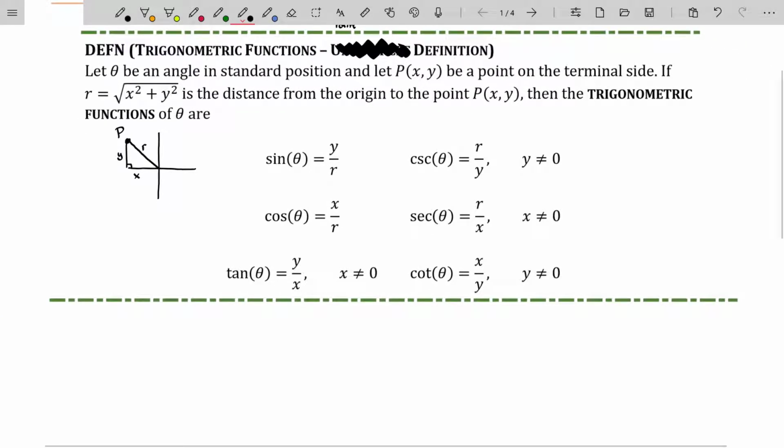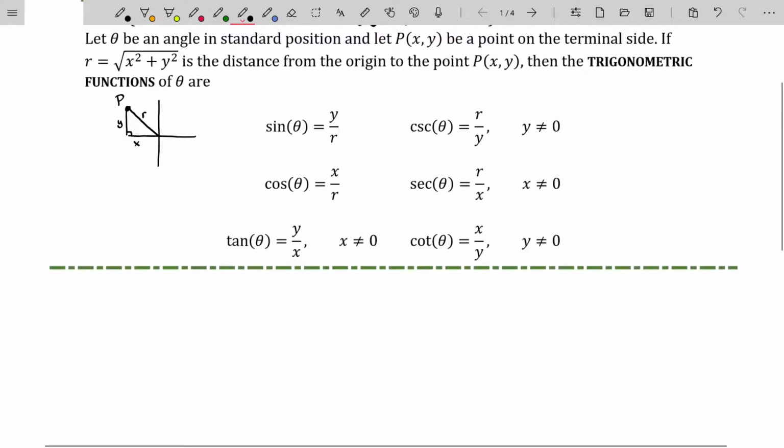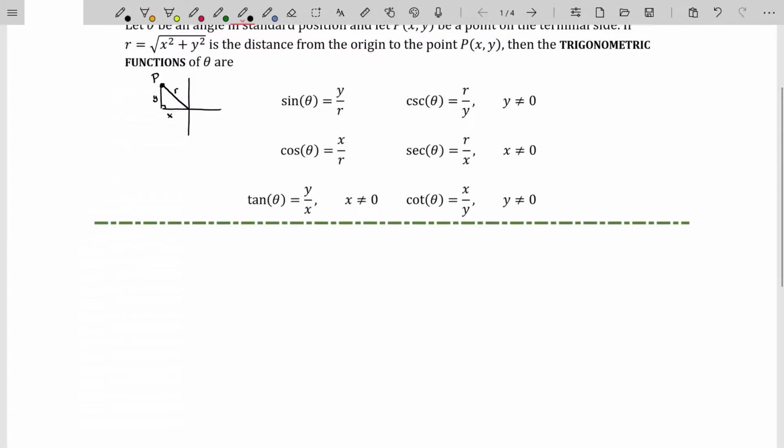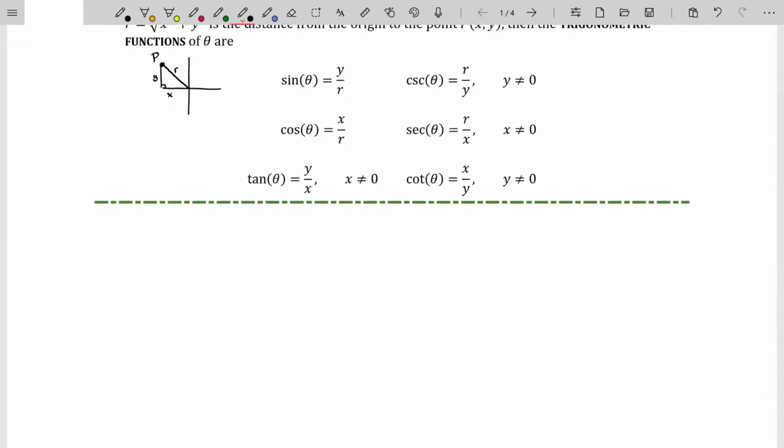So it's good to clarify the difference between the three definitions. When you first learn trigonometry, if you learned it in high school, people love, for some reason, the unit circle definition. It's an okay definition. It's great for calculus, but it's not great for learning trigonometry.